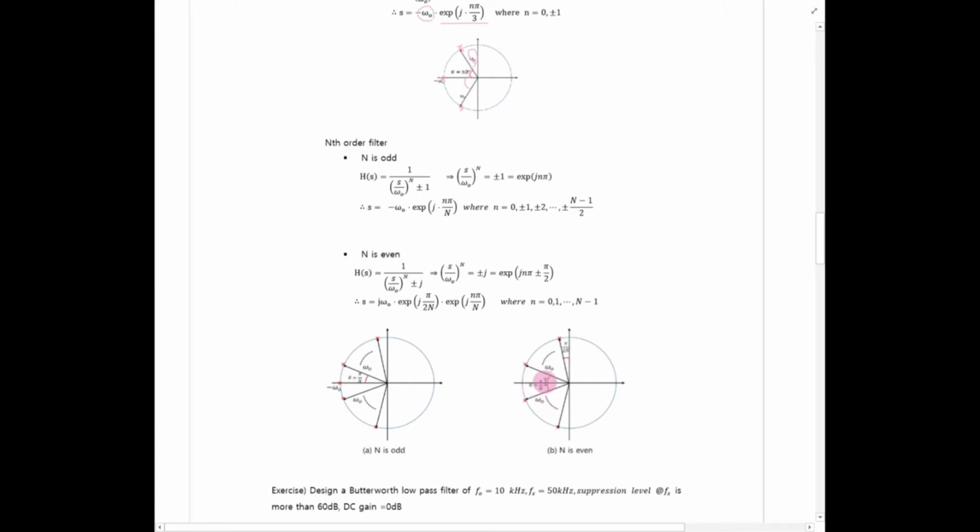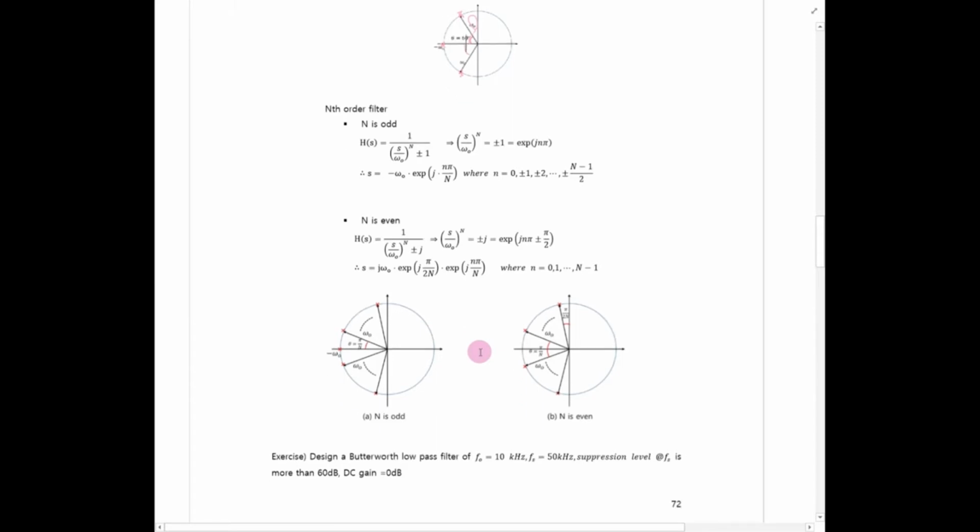The angle difference is pi over n, and we can select left-hand side poles with equal angles. In case of even, no real poles exist, but in case of odd, there is a real pole, and all the others are complex conjugates. So this is how to design the Butterworth filter in case n is odd or n is even.